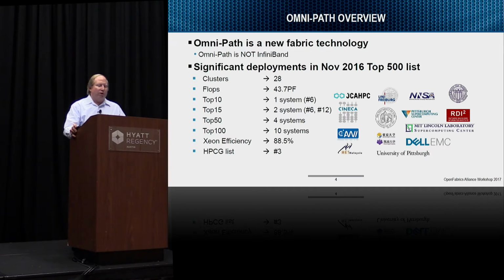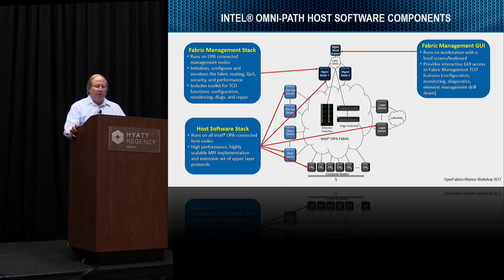We also achieved a number 3 position on the newer list, the High Performance Conjugate Gradient application. And so that actually placed us number 3, ranking with the fewest number of cores amongst all the top 7 on that list. So once again, demonstrating good efficiency and high performance in the industry.